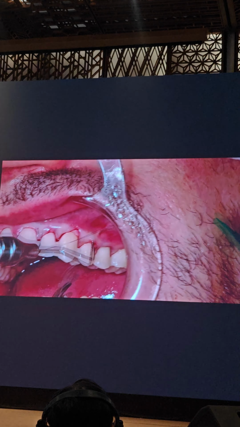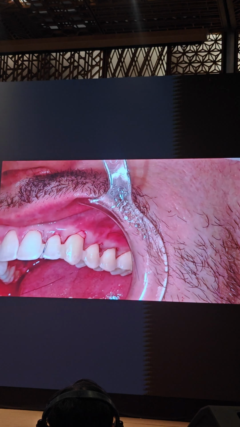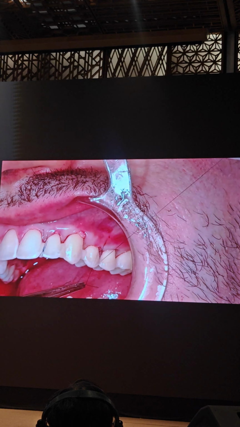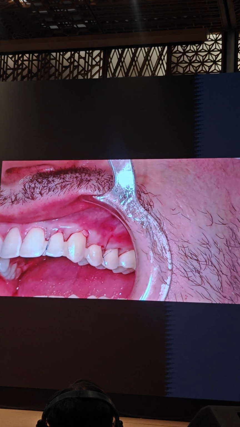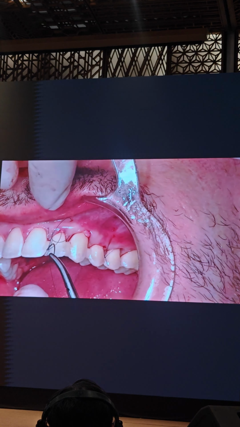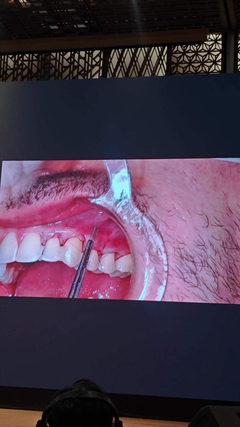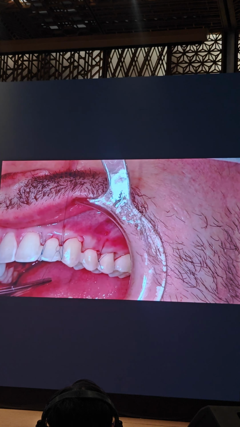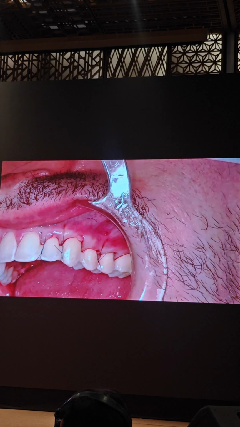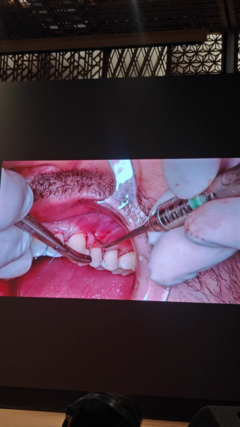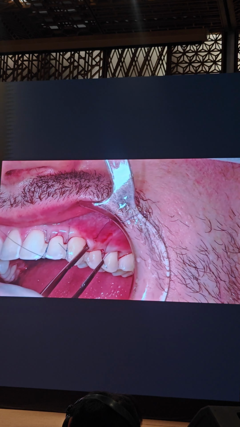Those sutures are also suspenders. So suspender, suspender, suspender.